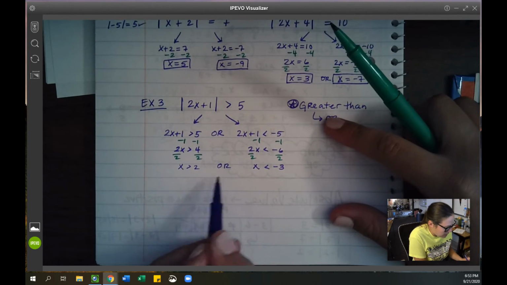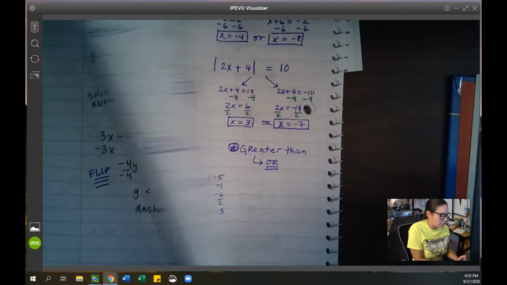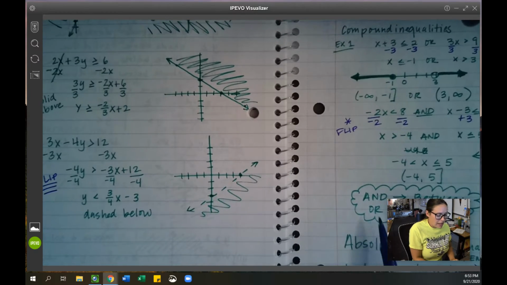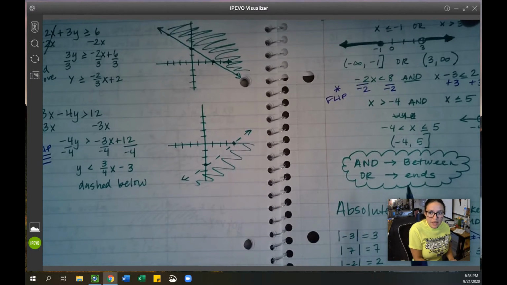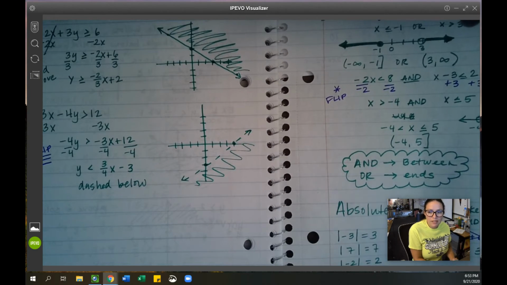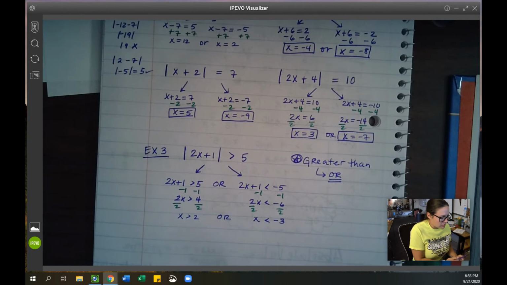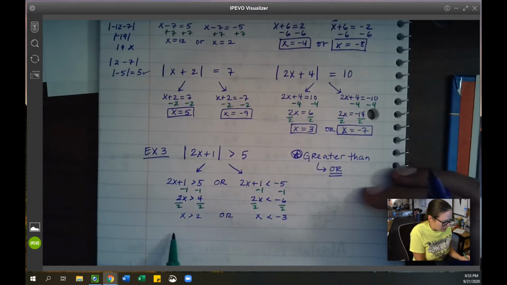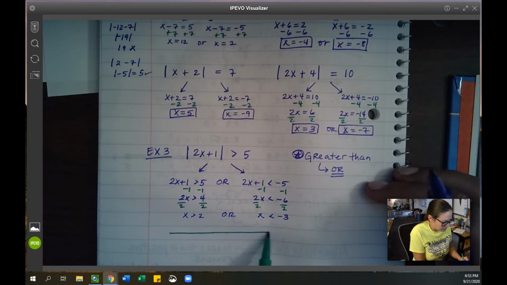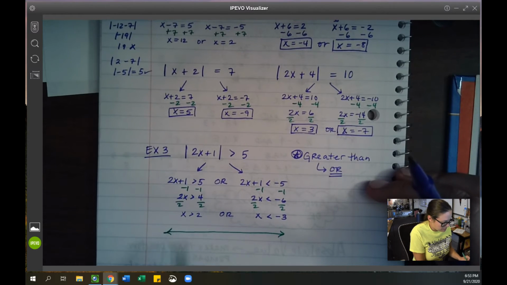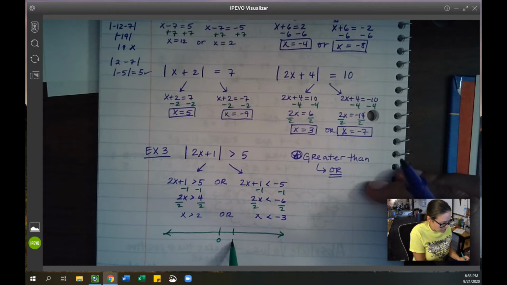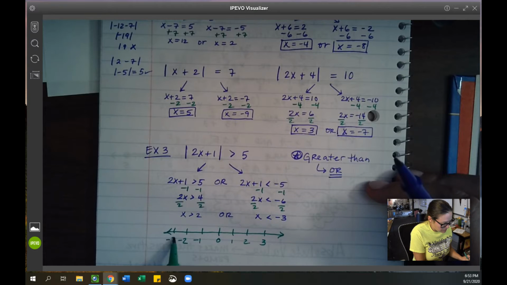Let's graph these now. Remember how I said on the previous page, and means we go between, or means we shade at the ends. So let's set up our number line here. 0, 1, 2, 3, negative 1, negative 2, negative 3.